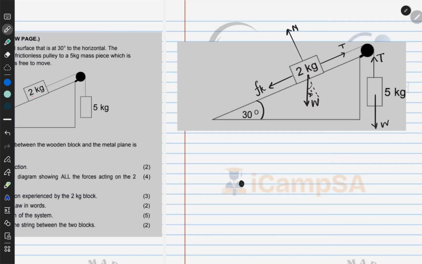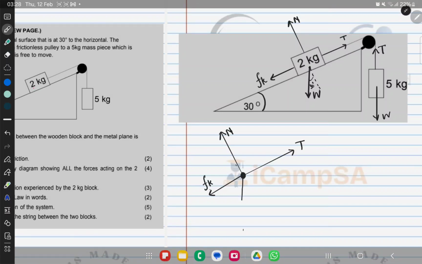For the 2 kg block, we have something like this: with our tension, our normal force, our kinetic friction, and then our weight going straight down.